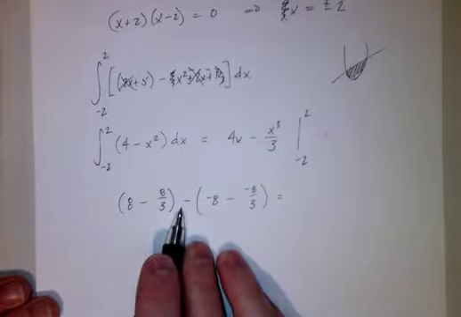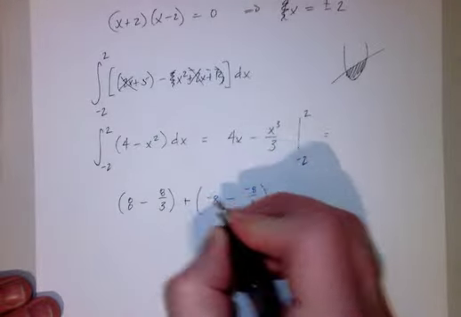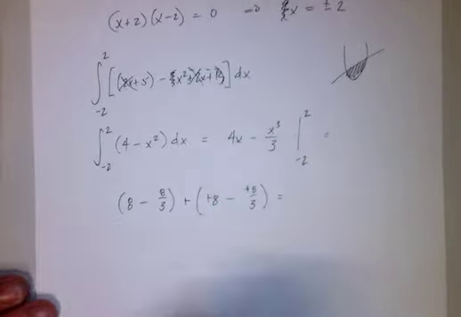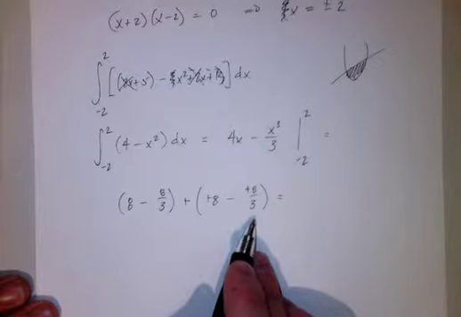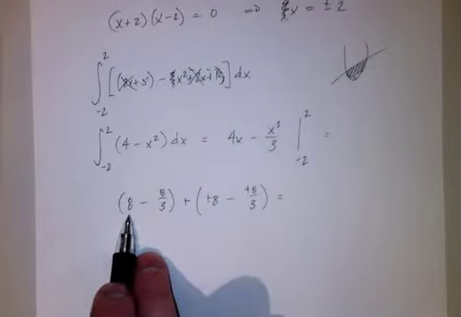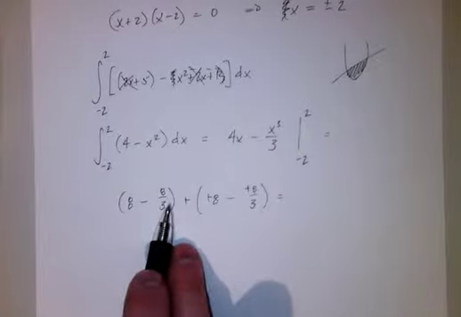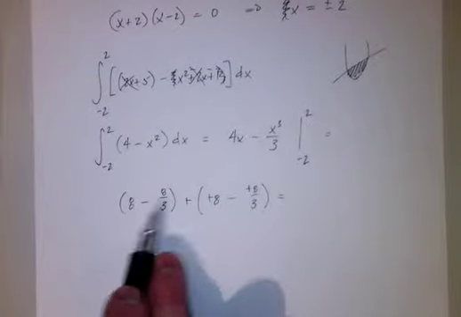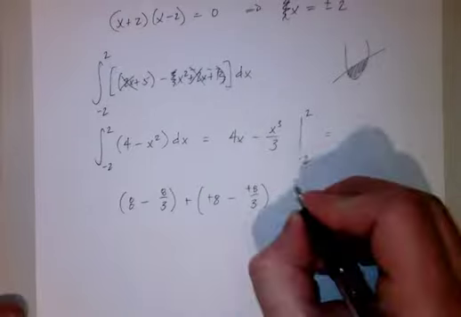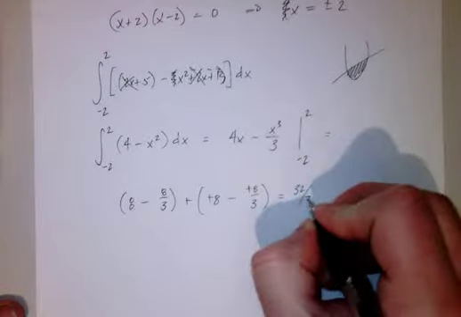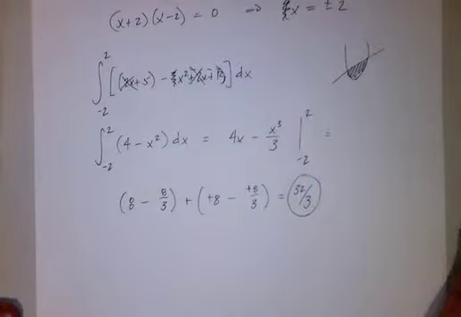Well, gosh, if I just distribute that negative, it winds up doubling that, right? Well, 8 is 24/3. So 24/3 minus 8/3 is 16/3. 16/3 plus 16/3 is 32/3. And that is the answer, okay?